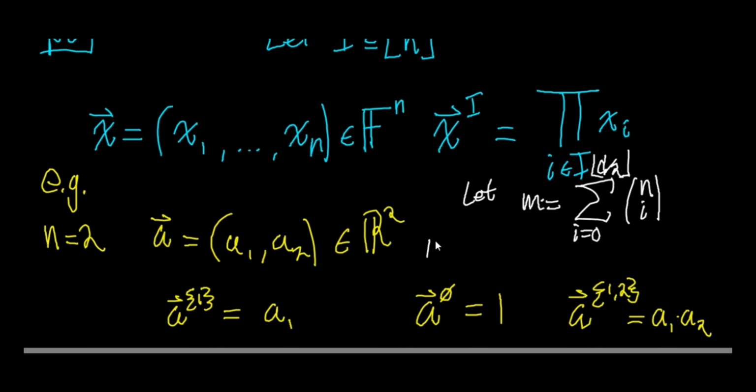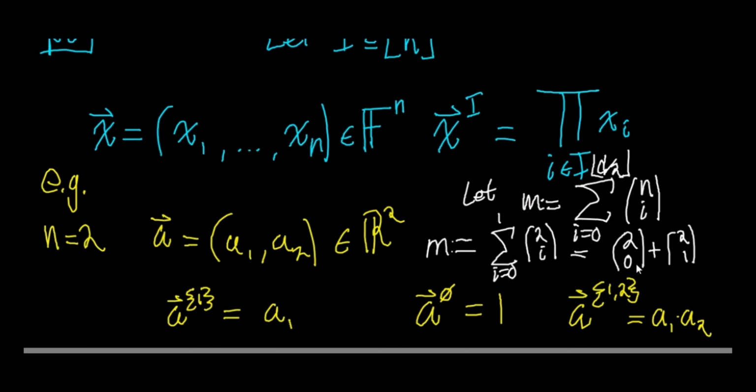So let's look at our toy example. Our M is equal to the sum from i equals 0 to 1 of 2 choose i, since our n is equal to 2. And this would just be 2 choose 0 plus 2 choose 1. 2 choose 0 is just 1, the number of ways to choose 0 elements from a 2-element set. There's only one way to choose nothing. And the number of ways to choose 1 element from a 2-element set is 2. So our M in our toy example would be 3.